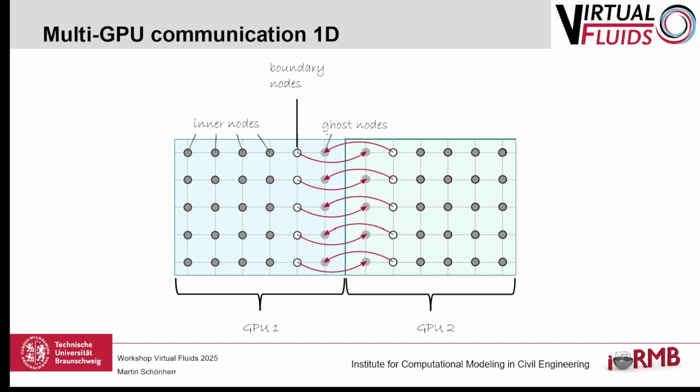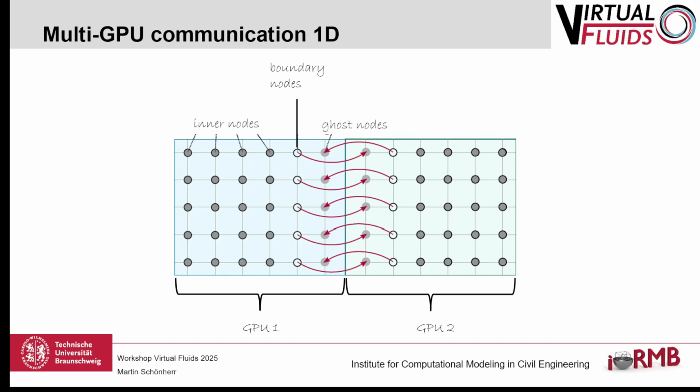And then that's defined by the user when constructing the grid, how to shape those blocks, right? I mean, Konstantin is probably going to talk about this tomorrow. So VirtualFluids uses uniform blocks, meaning that all the blocks have the same dimensions, but you can choose the X, Y, Z dimensions separately, and then they are all the same.